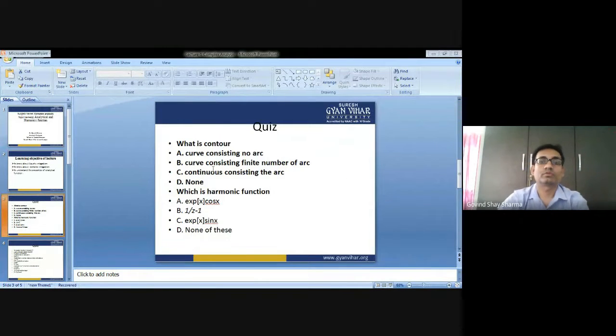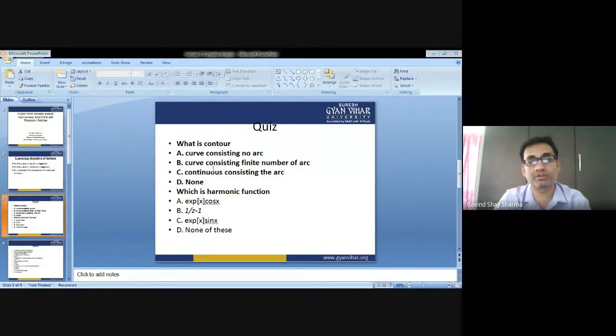What is a contour? A contour is basically, from the first fundamental theorem of complex integration, a curve consisting of a finite number of arcs. We know the finite number of arcs, then it is called a contour. Which is a harmonic function? 1 upon z minus 1 is not harmonic because at z is equal to 1 the function is not analytic and does not exist.